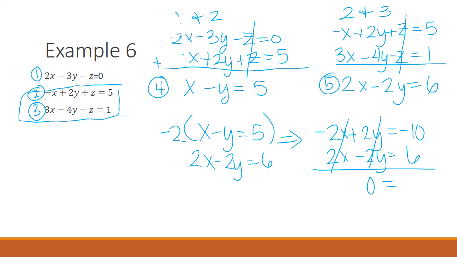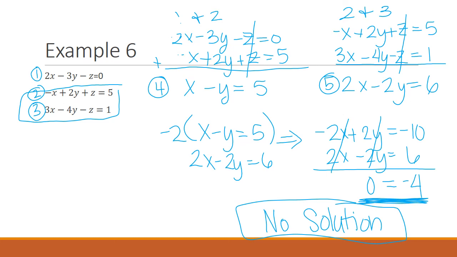And I have -10 plus 6 is -4 on the other side. 0 equals -4 is not a true statement. So at this point, you can stop and say no solution. Okay, so that will never be true. There is no solution to this. So that means that somewhere in there we've got a parallel line.